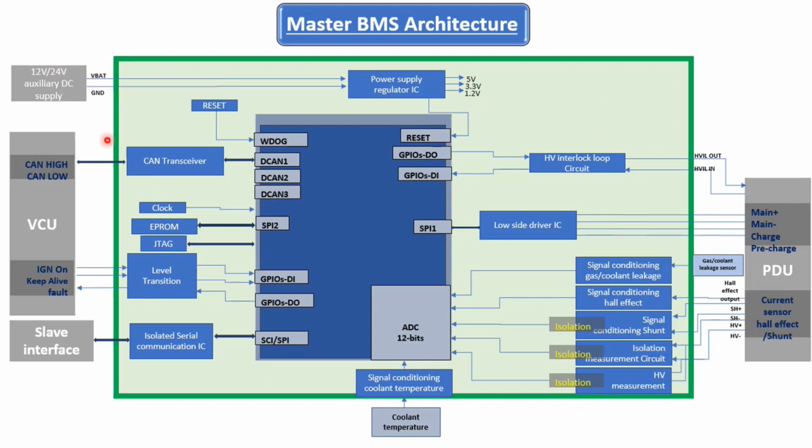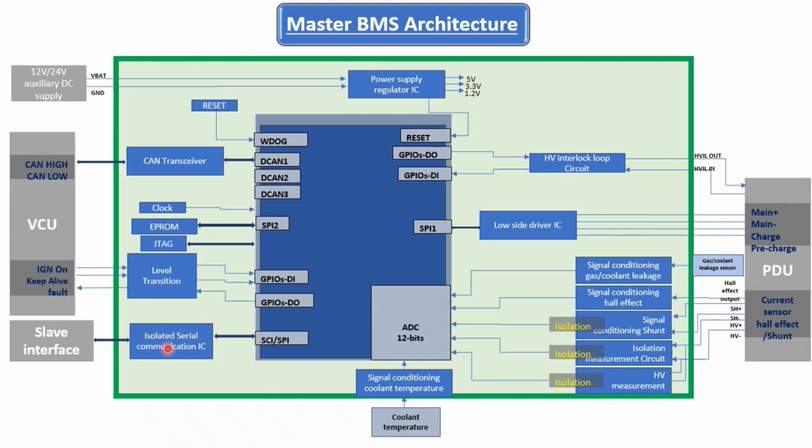Now the first thing is, this master BMS will take the information from all slave BMS through an isolated serial communication channel. It may be CAN bus, SCI serial, or SPI, the serial peripheral interface.